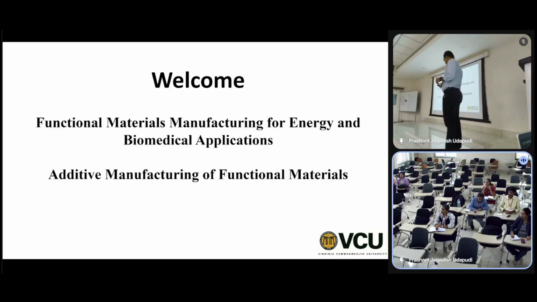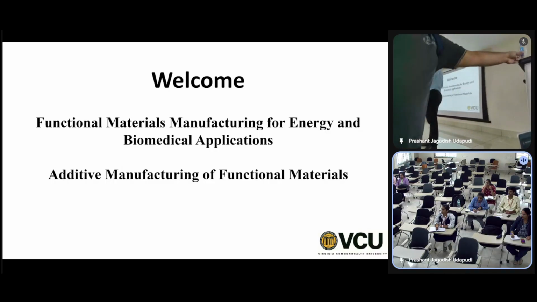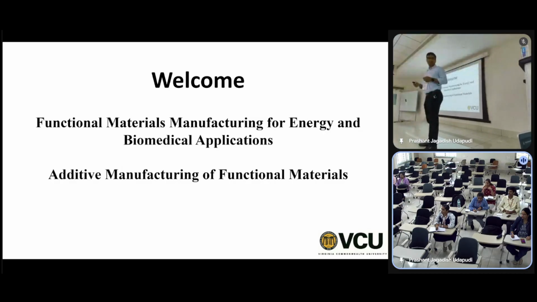By changing the parameters. And now we have new techniques to make materials in different shapes and without having to involve human intervention or without manually doing it. It's all automated. You can print any structure. That is the beauty of additive manufacturing.